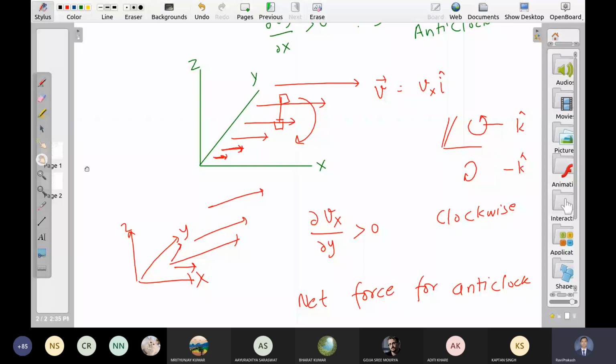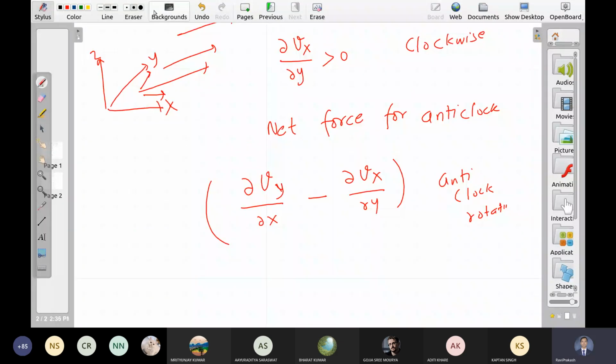I can write this is equal to, now I'm not writing anti-clockwise, I'm just writing k cap. K cap means anti-clock. Can you identify this term?